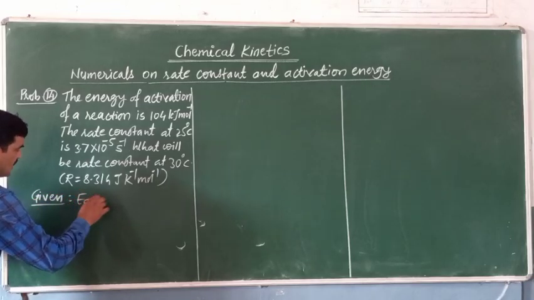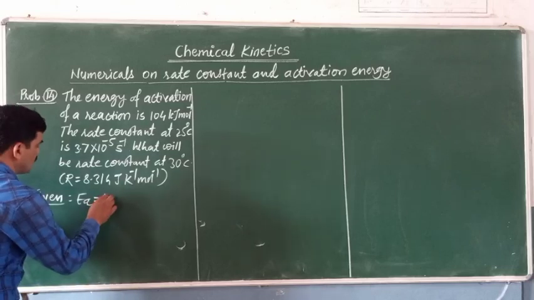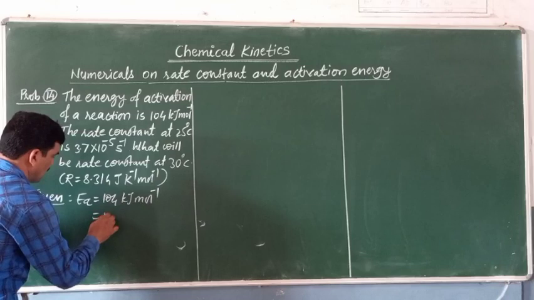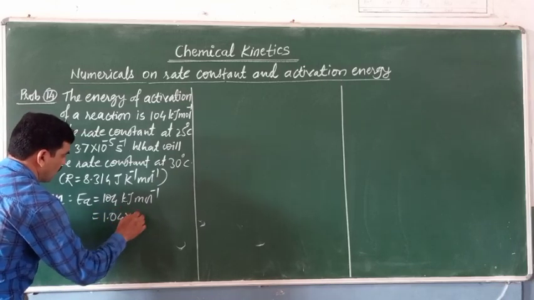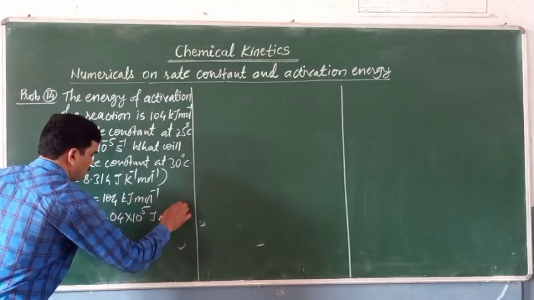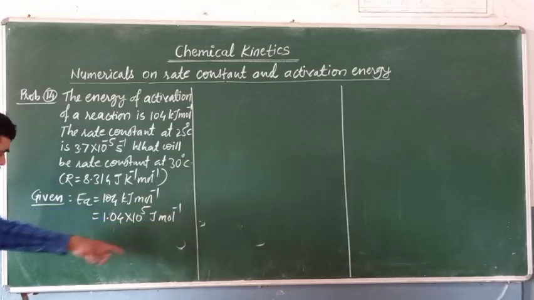Energy of activation is 104 kilojoule per mole, means 1.04 into 10 raised to power 5 joule per mole. We can convert it into joule per mole.